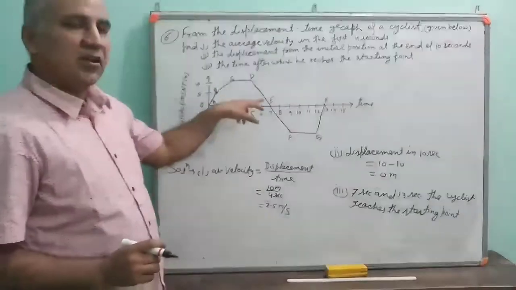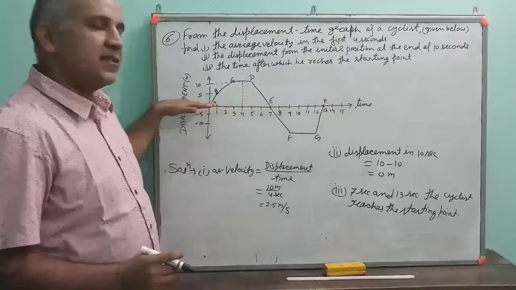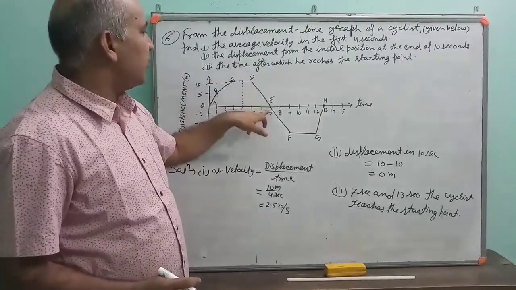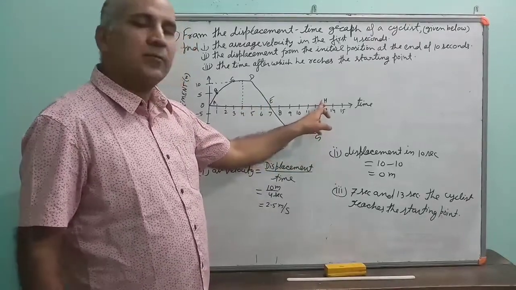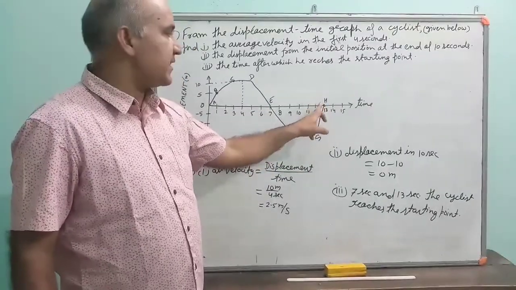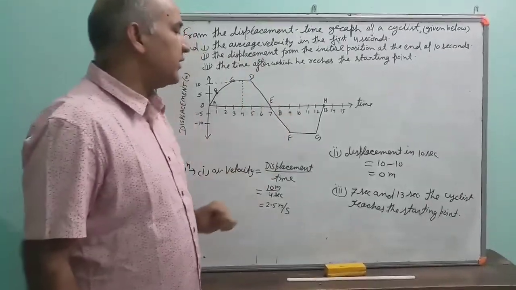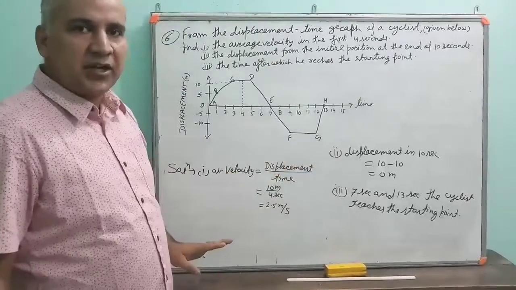Understood? From the graph we are watching that this is the starting point, this time axis. At the 7th second the cyclist is moving here. Then after at the 13th second the cyclist is reaching here. That means this is the 7th second and 13th second when the cyclist is reaching at the starting point.